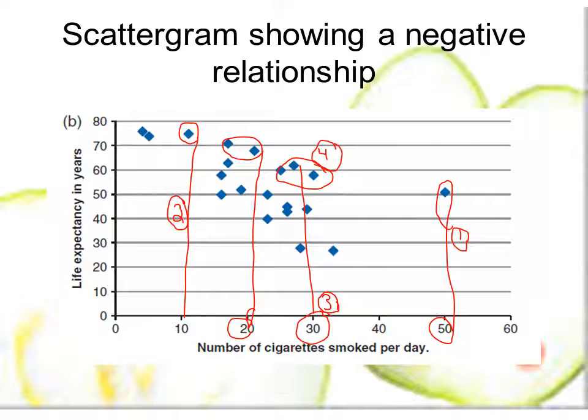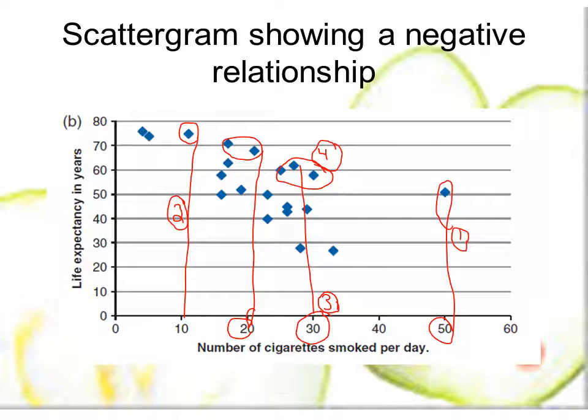What makes this a negative relationship is, if I look at the number of cigarettes and I go clear to the end and I see 50 cigarettes, which I will identify over here with the 1, 50 cigarettes, and the more cigarettes that individual smokes, the less their life expectancy is.